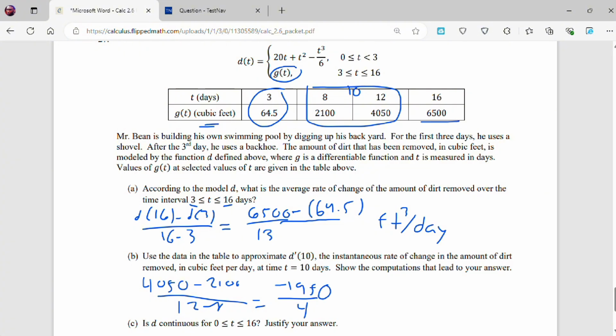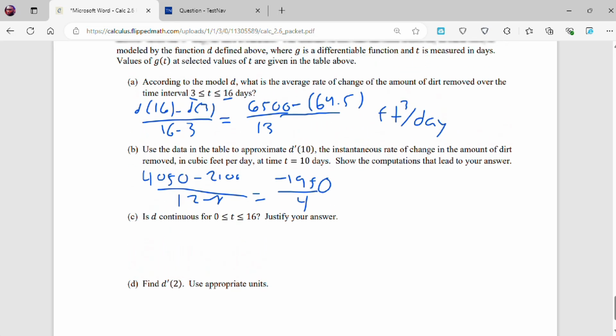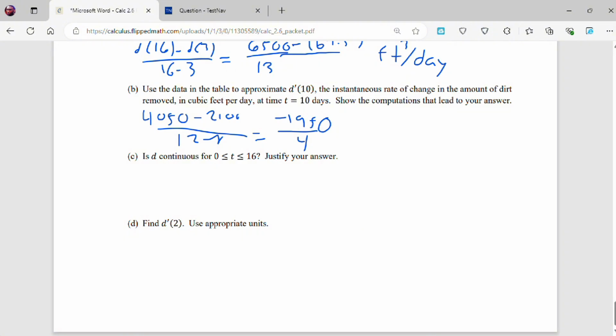Okay. Not going to simplify that. No, not asking for units. We're not going to write units.